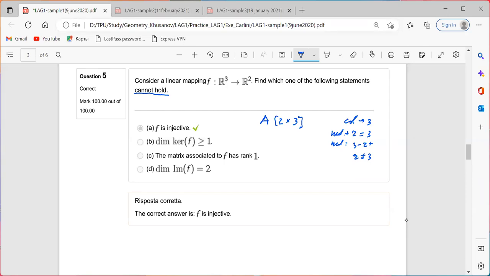It cannot be more than 2. That's why rank may be 2 or less than 2. In any case, this nullity will not be equal to 0. Nullity will be greater than or equal to 1 at least. That's why this map or transformation F will not be injective. That's why the correct answer will be this one.